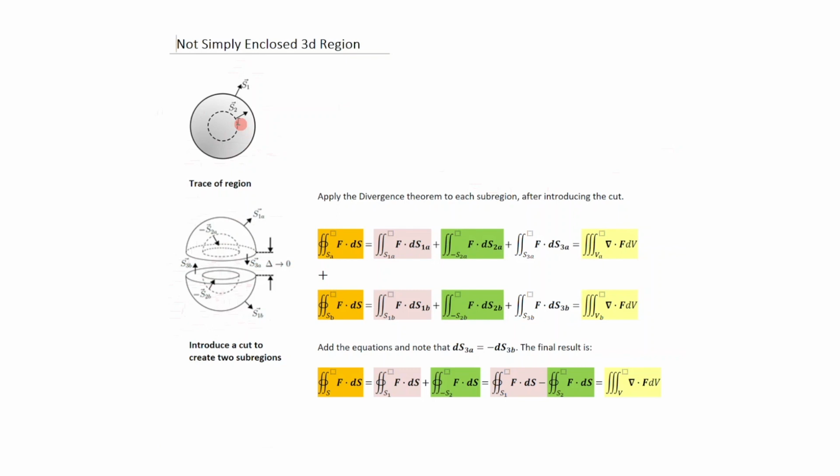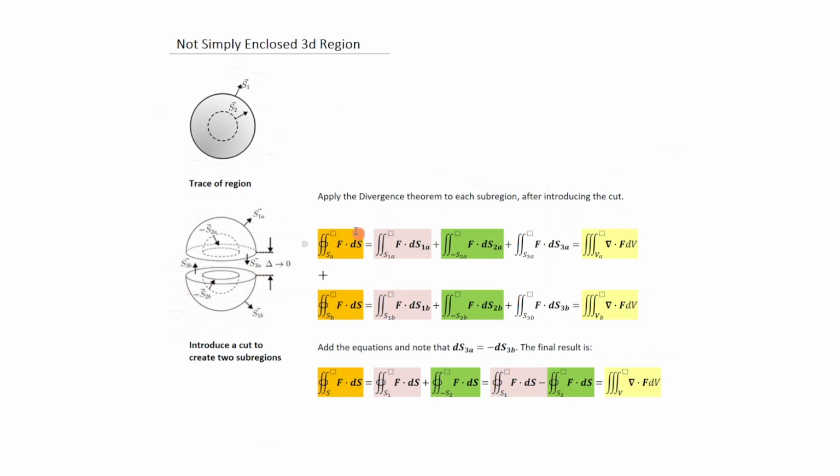So if this is taken to be outwards, then minus S2A is referring to it being inwards. And here this one's pointing in this direction, which by convention is correct. And this is pointing in this direction, which by convention is correct. So as far as convention is concerned, the arrows I've shown here are correct for applying the divergence theorem for the upper hemisphere, hollowed out, and also for the hollowed out lower hemisphere.